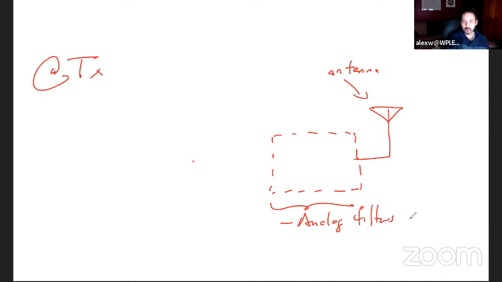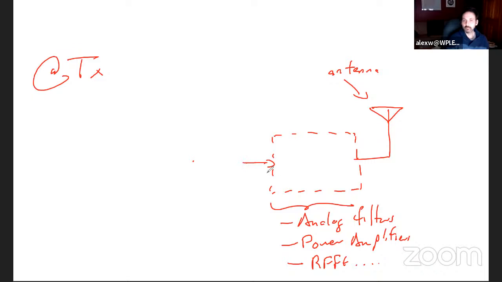We could have mixers, local oscillators, and amplifiers. My favorite, the power amplifier. And a bunch of other radio frequency front end components.